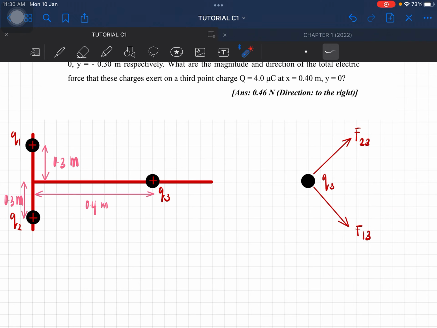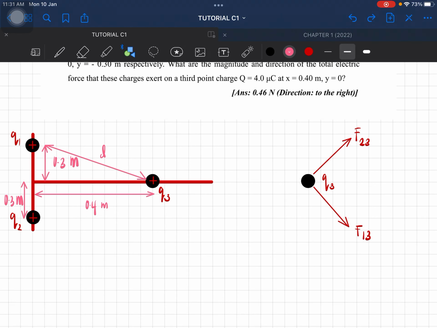Okay, but we need to consider the distance because we will be using the distance value, so we have to find this distance here. The distance from 2 and 3 is also the same, so I don't need to draw that.